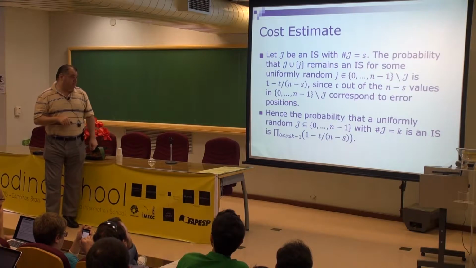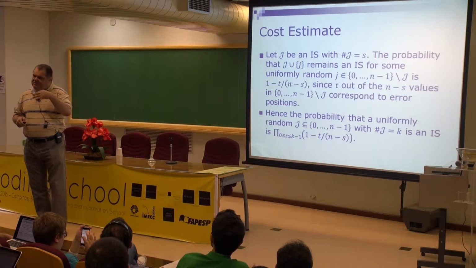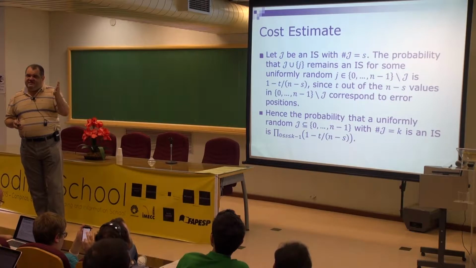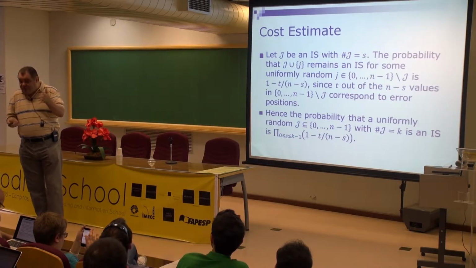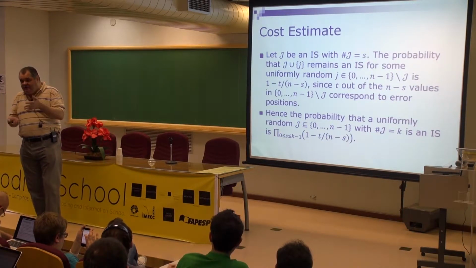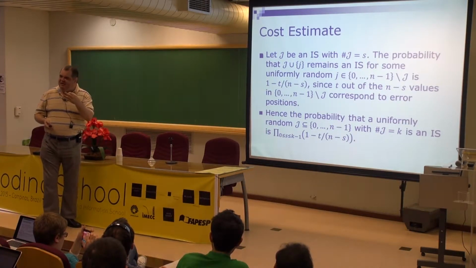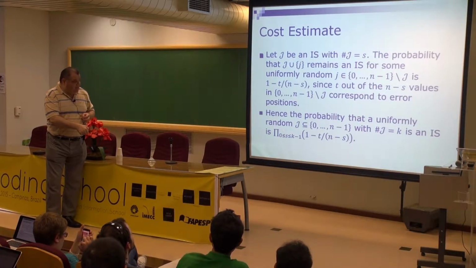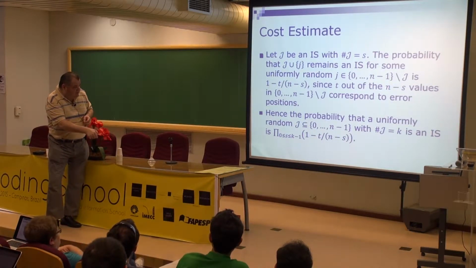So if now we proceed by adding one more position, one more position, one more position, we need the sequence of information sets we get to not contain any errors. So the probability when we do this until we get a set J with k different positions will be the product for s varying from 0 to k minus 1 of that expression.